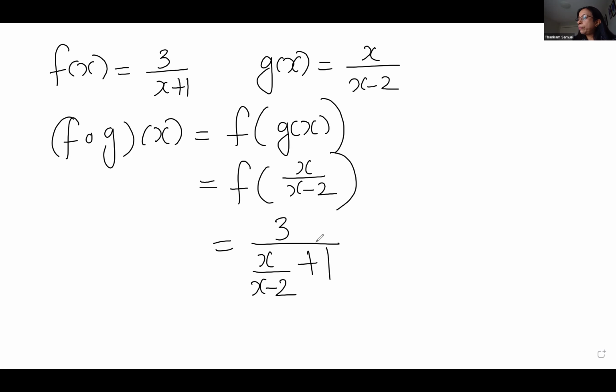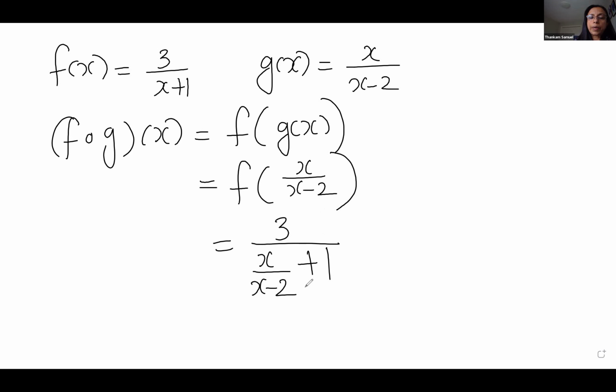When you look at this function, you can see that this expression is a complex fraction. To simplify the complex fraction, one of the methods is to find the LCD of all the denominators in this expression and multiply all the terms in the numerator and denominator by the LCD.